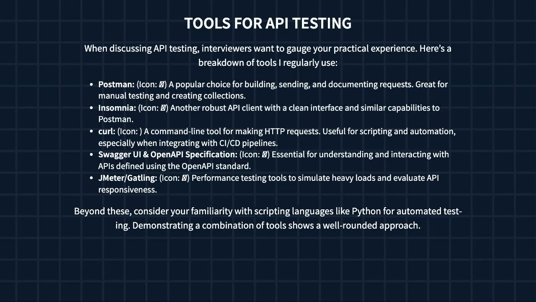Okay, let's talk about API testing. A key part of the interview is understanding what tools you're comfortable using. Postman and Insomnia are super popular for manually crafting requests and building collections. They are really user-friendly. Curl is your go-to command line tool if you need to script things or integrate with automation processes, especially in CI/CD.